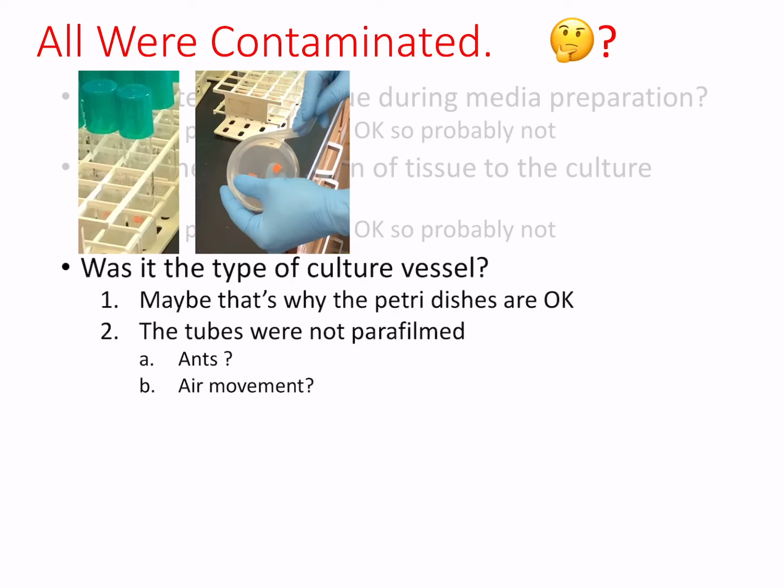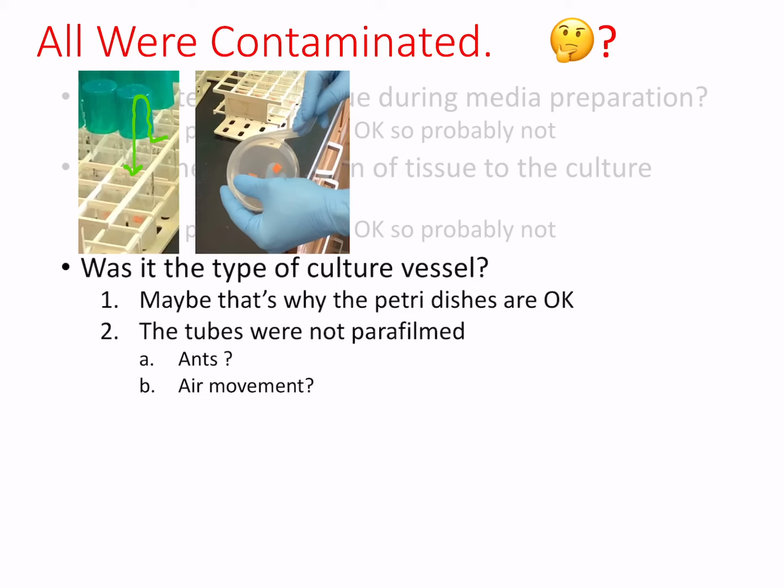Perhaps it's air movement. There's no air movement in and out of the Petri dishes since they're sealed. The test tubes were not sealed. However, these caps are designed to prevent air movement. The cap goes on, and air would have to go all the way up around and down like this to get into the tube, which is unlikely, but still, you never know.